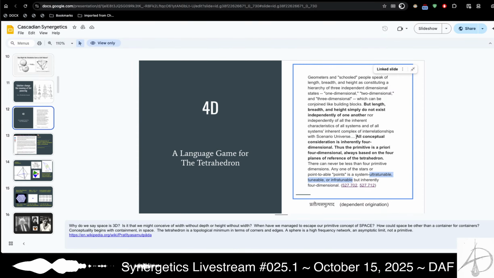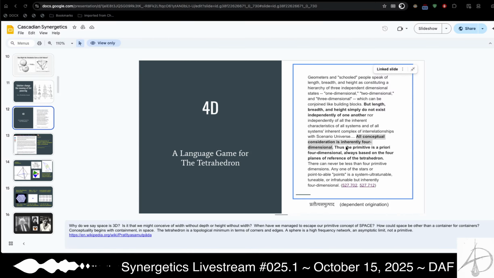And then also this line right here, all conceptual consideration is inherently 4-dimensional, is where the geometry of thinking and of the connections between active inference and cognitive science and synergetics come into play, is this 4-fold partition and this idea that cognitive systems are systems, systems are embodied, they are actual, even when they're cognitive or metaphysically proposed.